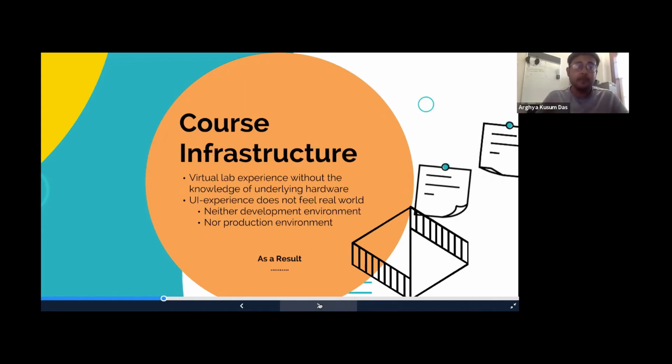But when you move to industry and start working on real infrastructure, that experience is sometimes totally different. In some universities, they really do not have the back-end infrastructure, and not only universities but also some small companies. Great infrastructure is not accessible to all. So there is a problem with the course infrastructure also.